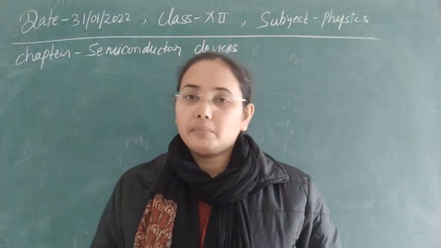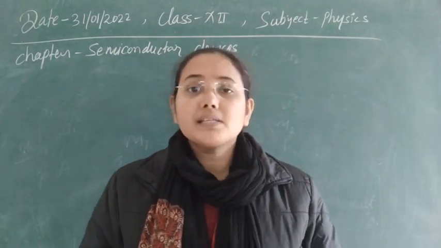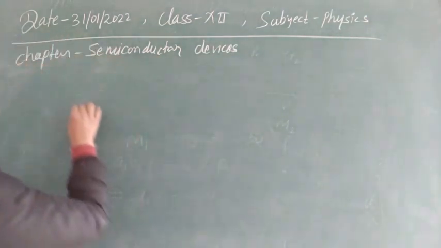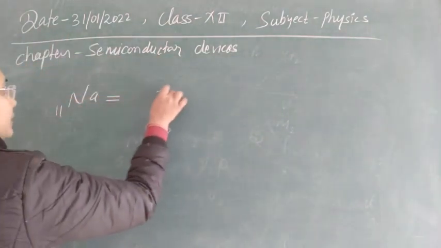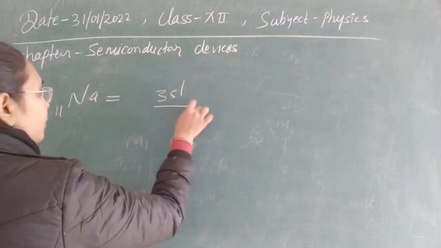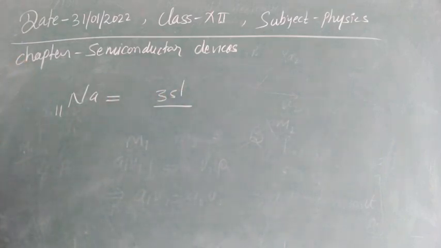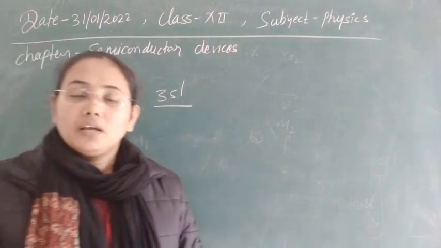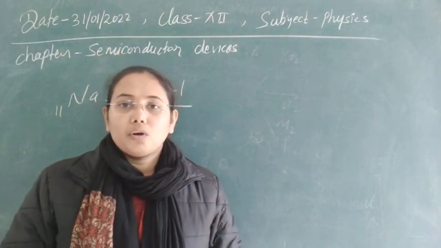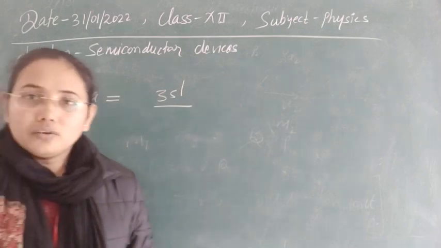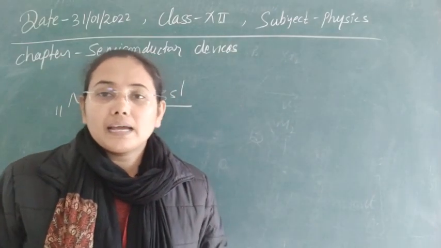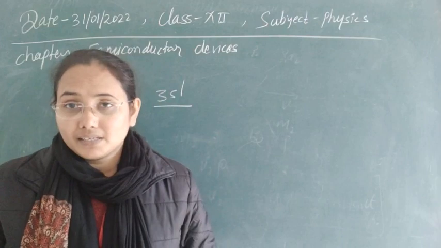If we take the example of sodium, the 3s1 state is its normal state, because this 3s1 electron always has a tendency to get free, so that the octet of the atom can be completed and it can achieve stability.